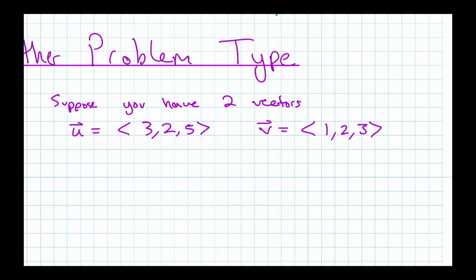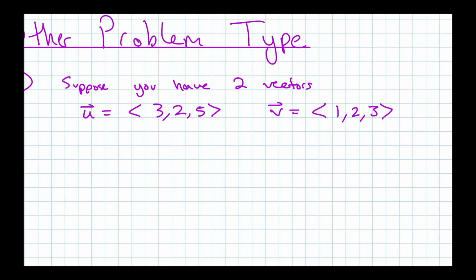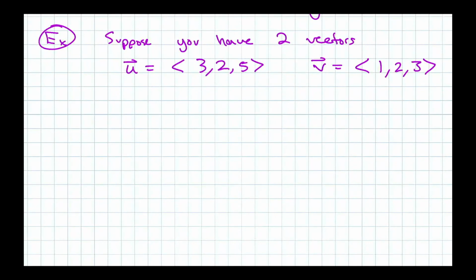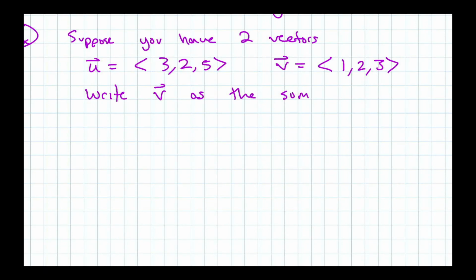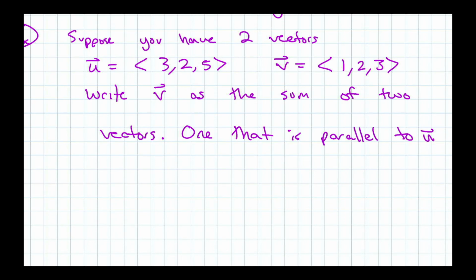And what I want is to know how to write the vector v as the sum of two vectors. One that is parallel to u, and one that is orthogonal to u.